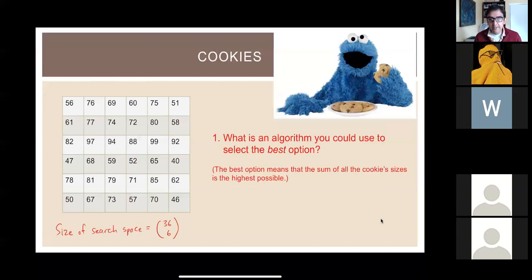But there's a nice simple algorithm. So what should we do? What's a good greedy approach that will work well in this case? Always pick the biggest cookie. Perfect. Always pick the biggest cookie.